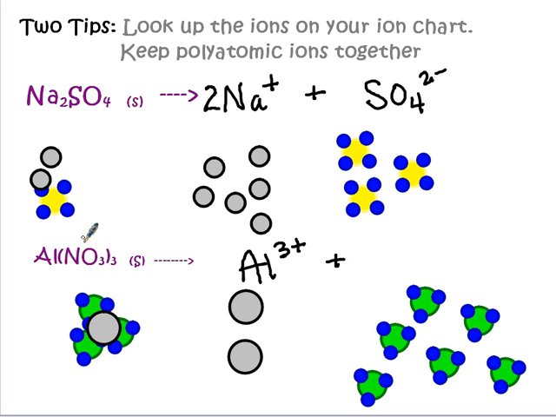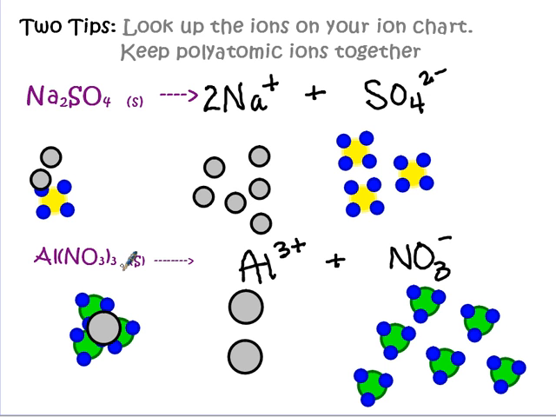And then, oh, look at over here. Here's our nitrate, the NO3. If you look that up on the ions chart, you'll see it's NO3 with a -1. Again, write it down exactly the way that it's written on there. And then I see this parentheses and a 3 over there.